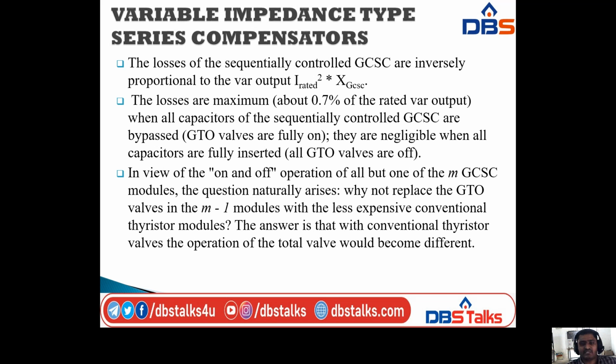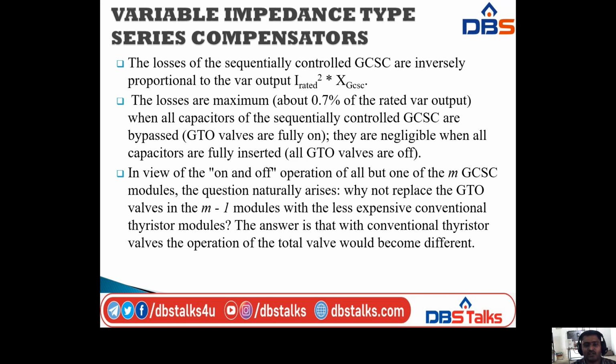The losses of the sequentially controlled GCSC are proportional to the rating, that is I rated squared times X of the GCSC. The losses are maximum when all the capacitors of the sequentially controlled GCSCs are bypassed, and they are negligible when all the capacitors are fully inserted, that is, all GTOs are off.